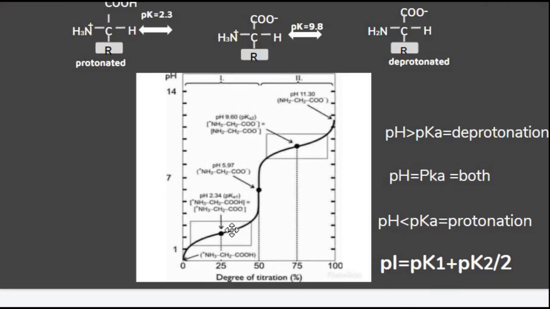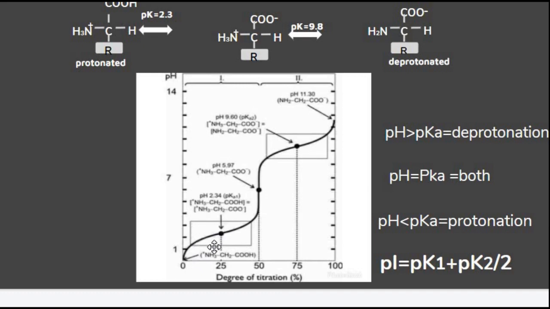Okay. Then what will be the pI value? The pI value in that phase is the average of both the pK1 and pK2 values. There is one more concept, the buffer zone. The buffer zone is the zone surrounding the 2.34 or pK1 value and the pK2 value, that is, +1 or -1 of these values. What is the buffer zone?